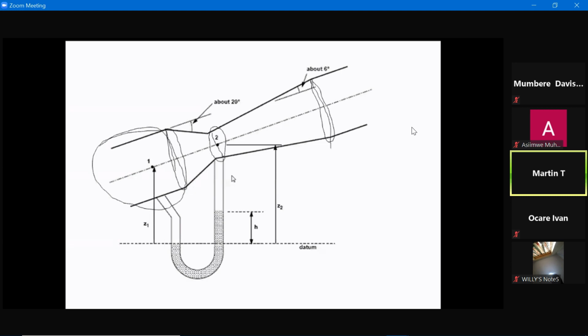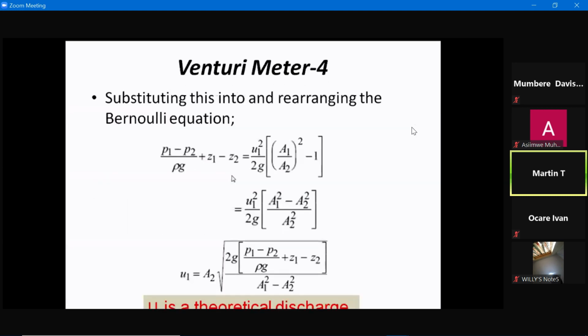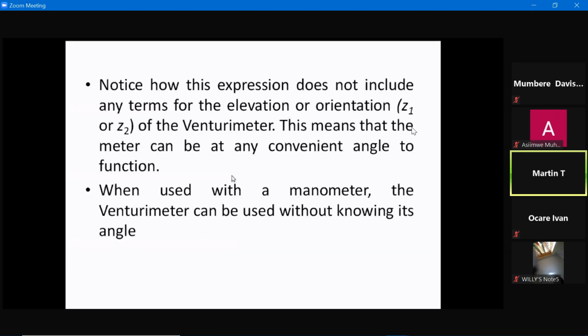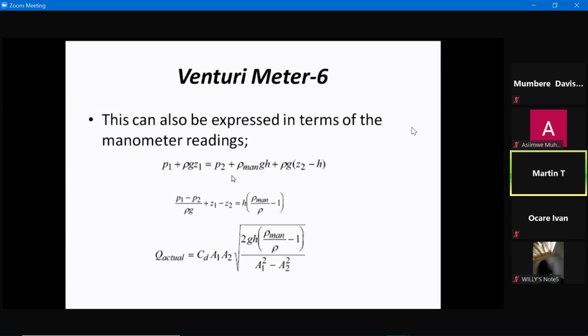If we are to express what we have in terms of the manometric densities, so that we only measure H, and rho man and rho are known, A1 and A2 are known, can be easily determined, CD is given.